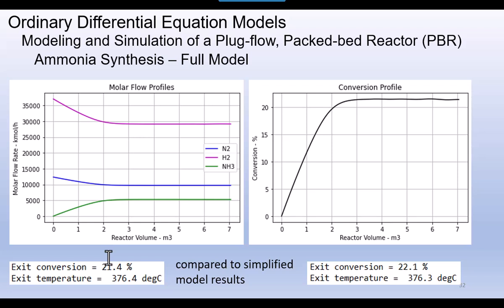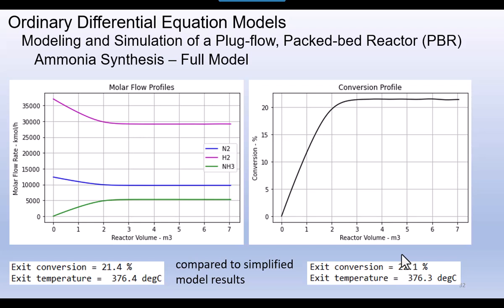And the slide shows these results compared to the results that we obtained with the simplified model. Okay, so that pretty much brings us to the end of the first example for a packed bed reactor.